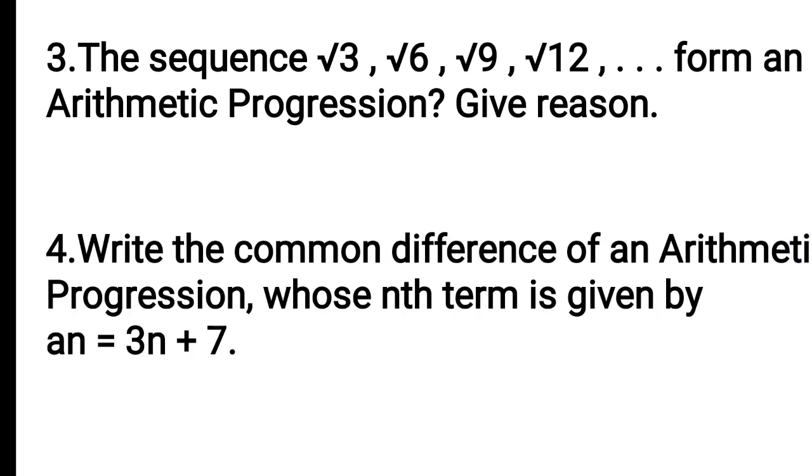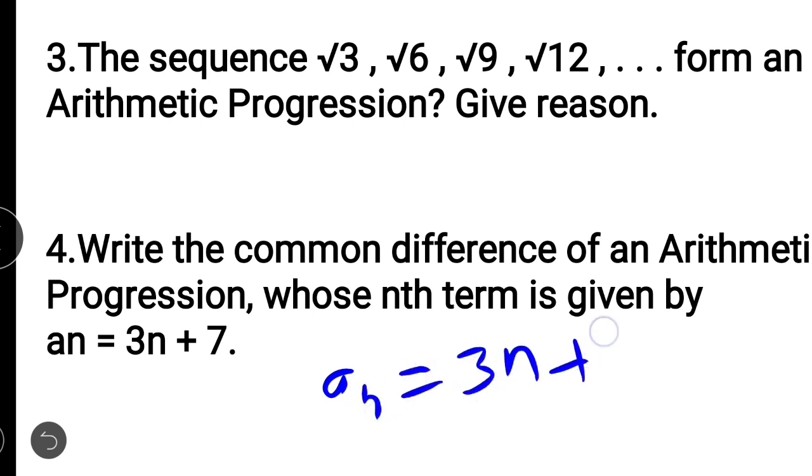Fourth question: write the common difference of an arithmetic progression whose nth term is given by an equals 3n plus 7. No need to pause the video, copy the questions.